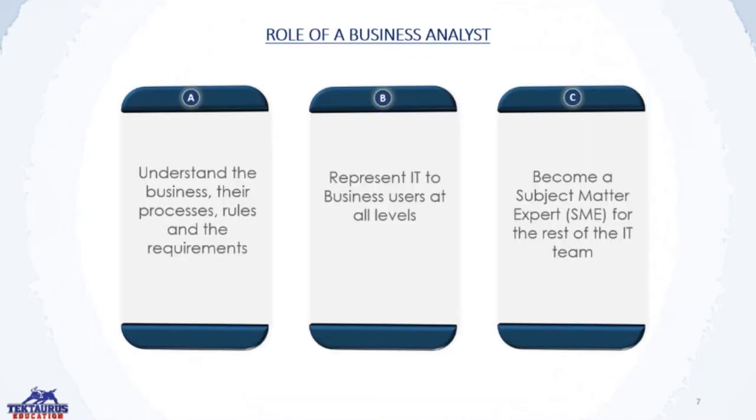So at a high level, the role of a business analyst is to understand the business, their processes, rules and requirements. Understanding the business rules and the operating environment is a very big part of what a business analyst does. Think of a business analyst as the liaison, the interface between the business users and the technology team.